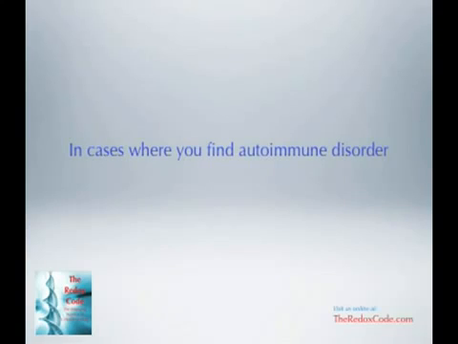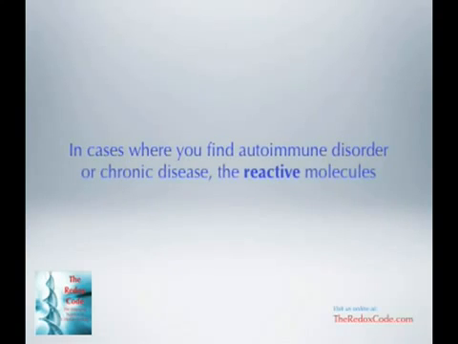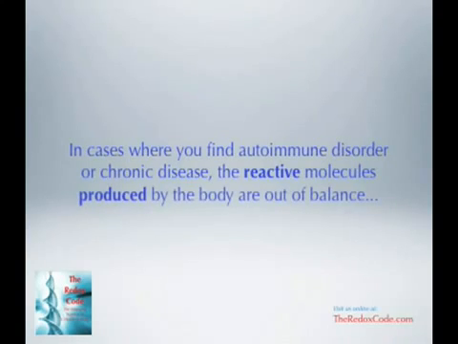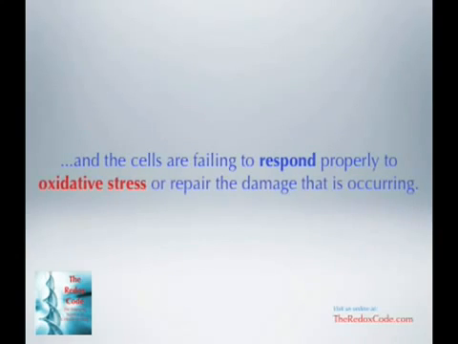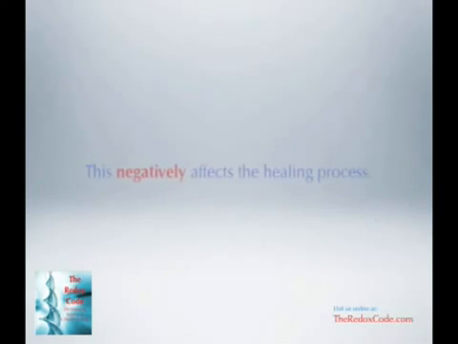In cases where you find autoimmune disorders or chronic disease, the reactive molecules produced by the body are out of balance, and the cells are failing to respond properly to oxidative stress or repair the damage that is occurring. This negatively affects the healing process.